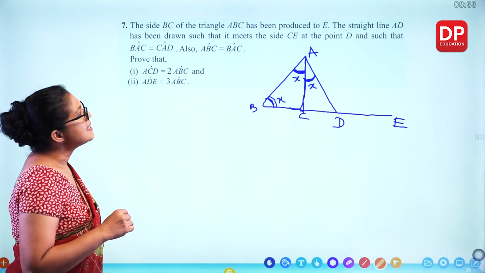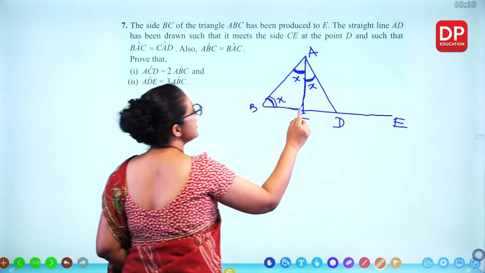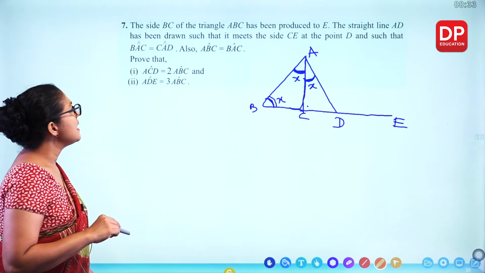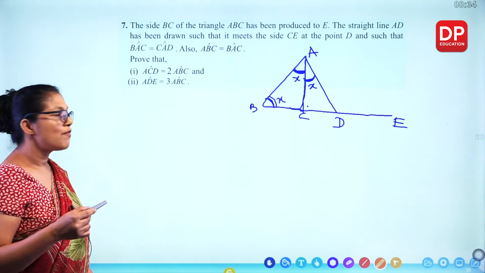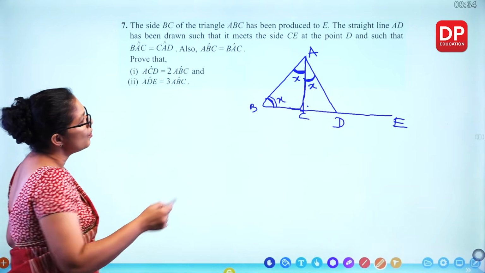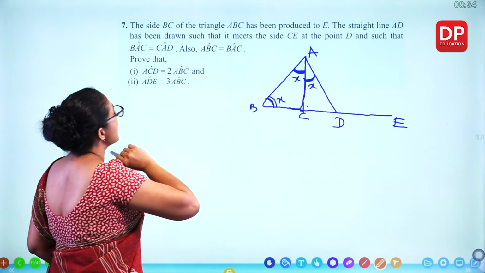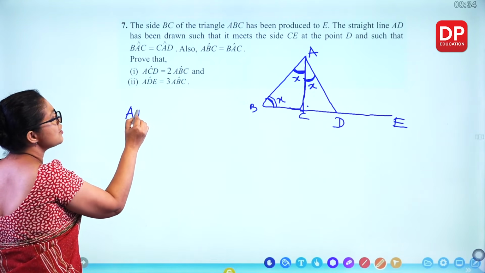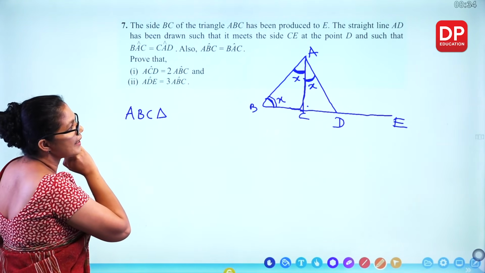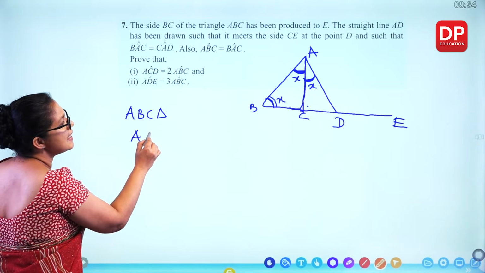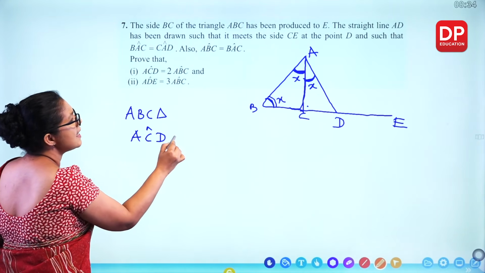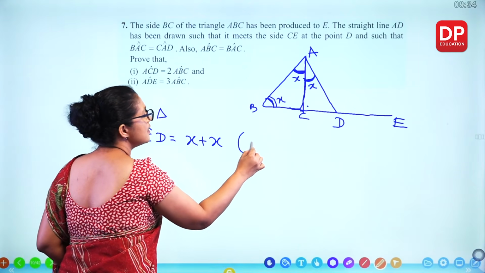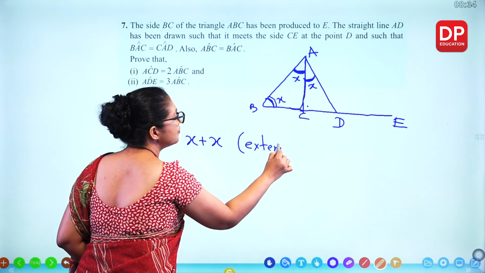Prove that ACD, this angle, is double of ABC, and ADE is triple of ABC. Now we can take this one as X. What can we say about this triangle? When you take ABC triangle, I can write ACD angle is x plus x because that's the exterior angle.